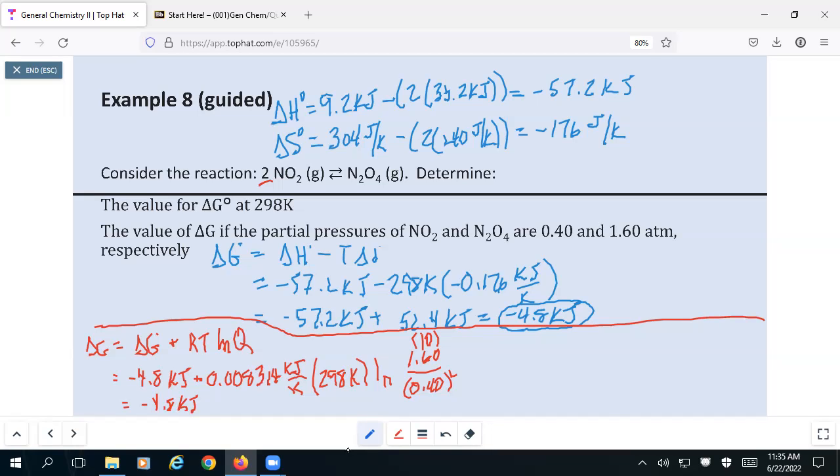Our adjustment for this non-equilibrium condition is 5.70 kilojoules. So delta G under these conditions is a positive 0.9 kilojoules.